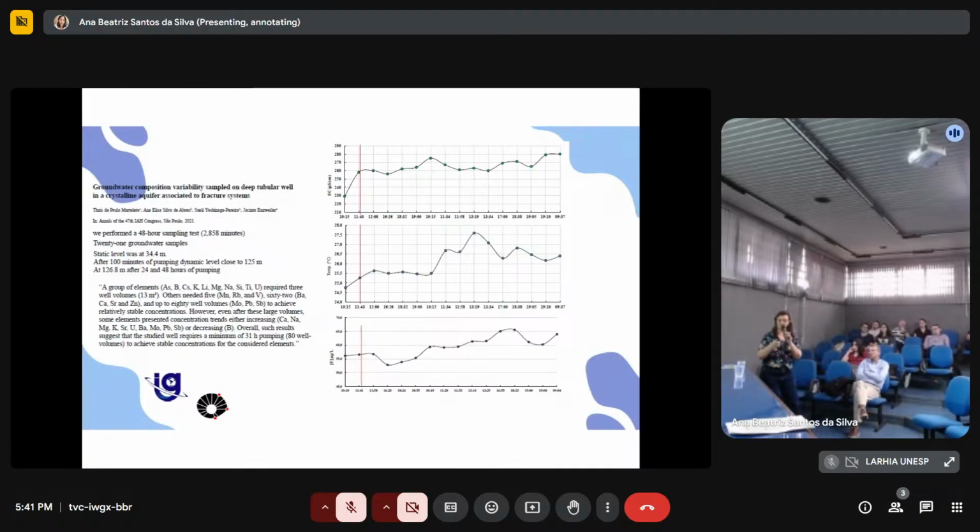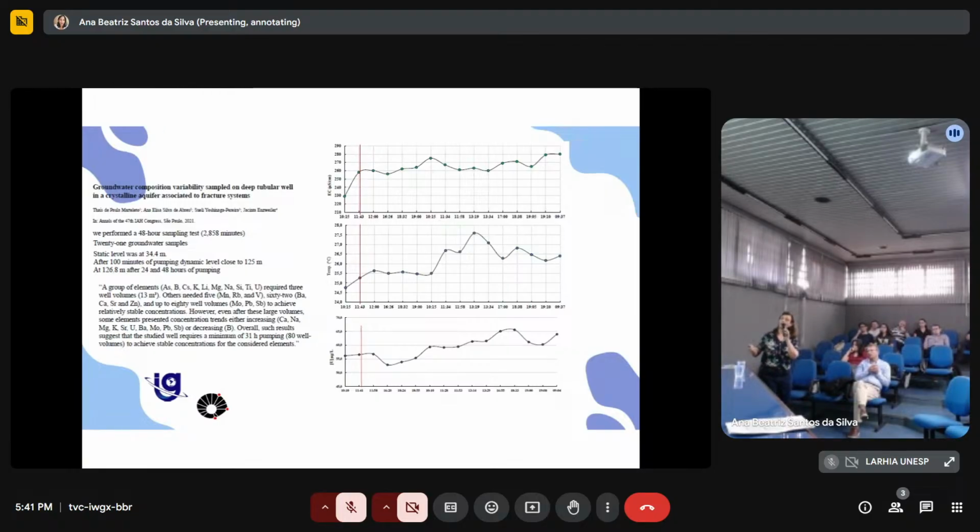And this here that I'm showing you is the electrical conductivity of the water. So here you can see that after the dynamic water level stabilizes, this red line, we could collect our sample because the electrical conductivity was already stabilized.